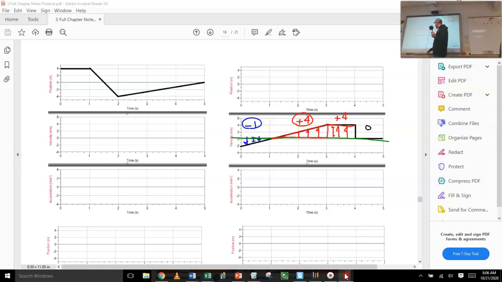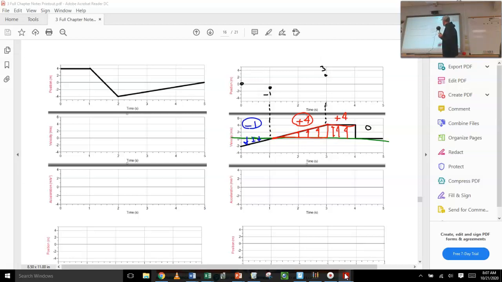So I start at 0 if it's going to fit on my graph. And then I change -1. So at this time, I'm down here at -1. And then I'm going to change positive 4. So then I change up to 3. Notice that there's a difference. This represents the change. I don't go up to 4. I go up to 3 because that's how much it changes. Common mistake that I see a lot of times.